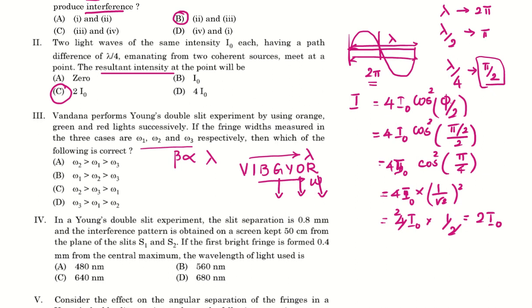Orange is omega 1, green is omega 2, and red is omega 3. So red will have more beta, so omega 3 is more, then we'll have orange, and then we will have green. So the answer should be this.